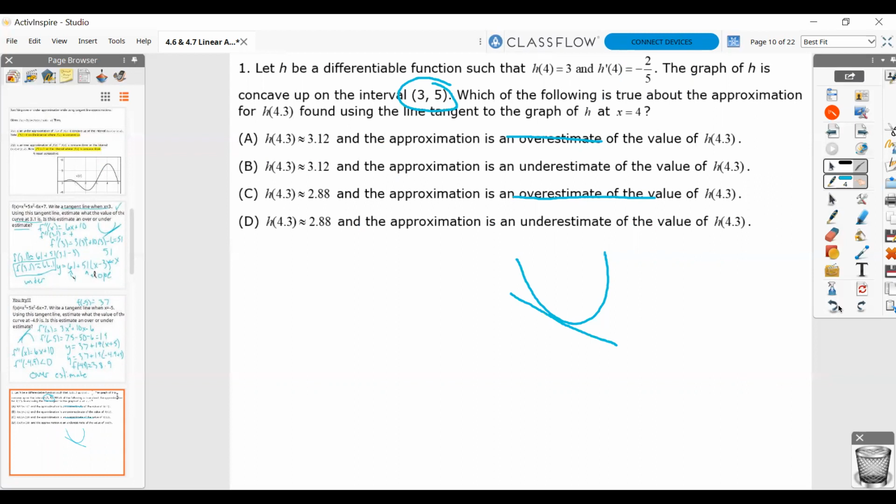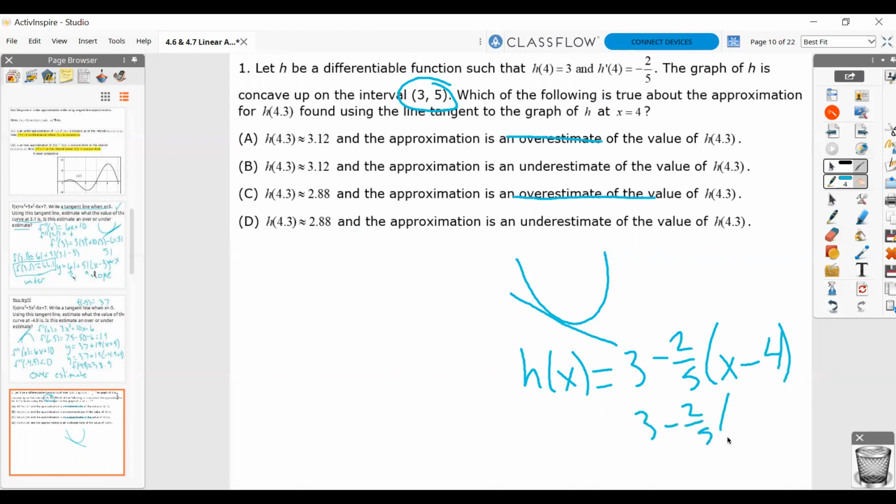So we're going to use our function, and we're going to say h of x equals 3 minus 2/5 times x minus 4. And we're going to plug in 4.3. So 3 minus 2/5 times 4.3 minus 4. We don't even really have to do that much math here.